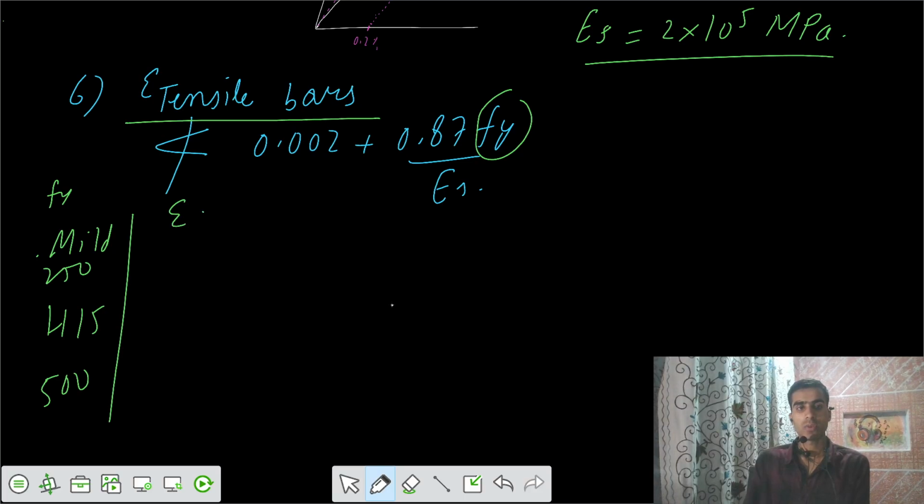That means strain should be greater than 0.0031 for the first, 0.0038 for the second, and 0.0042 for the third case.